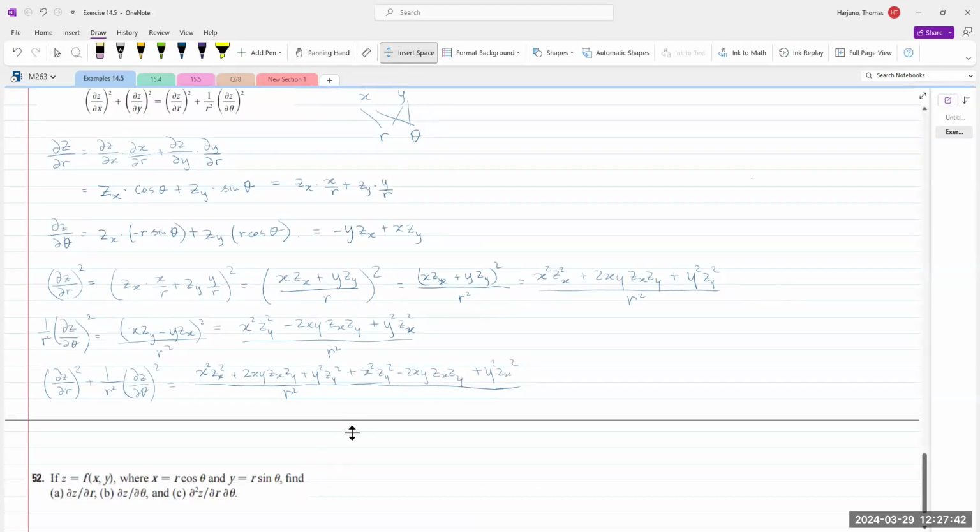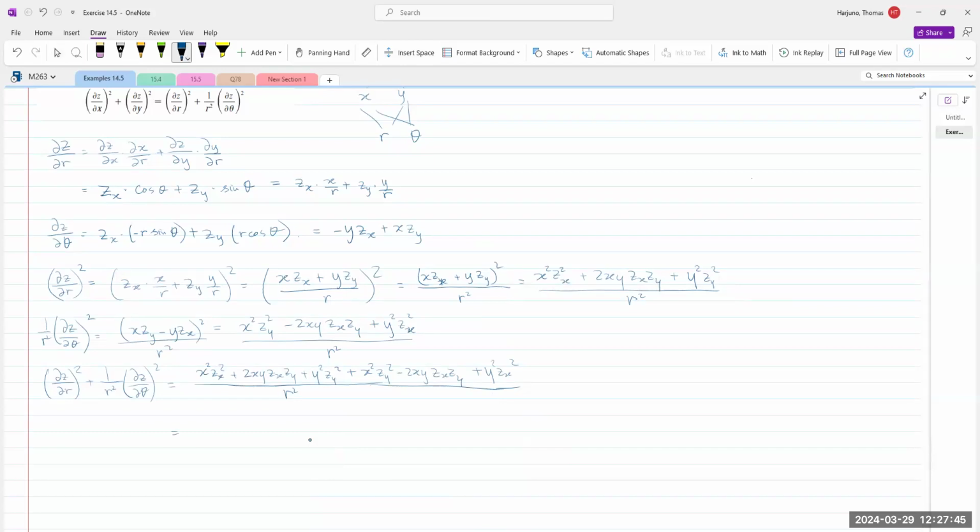That one is not too hard to see, but then notice that we have x squared plus y squared c sub x squared plus x squared plus y squared c sub y squared over r squared. Now that is x squared plus y squared times c sub x squared plus c sub y squared over r squared. But remember, x squared plus y squared equals r squared, right? As we expect.